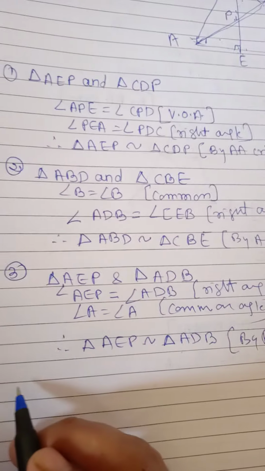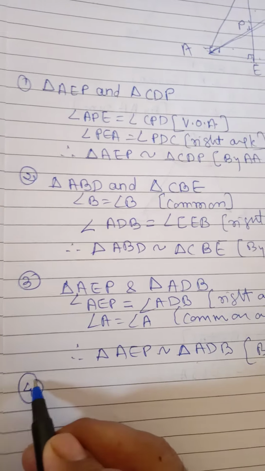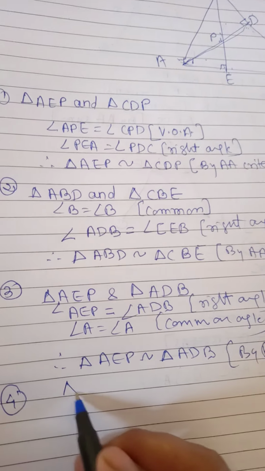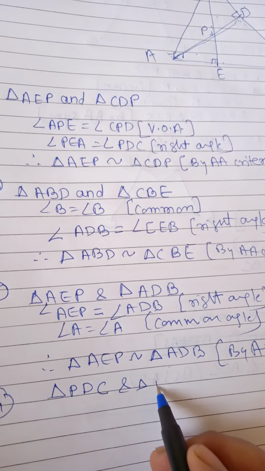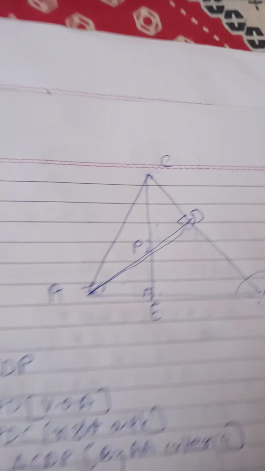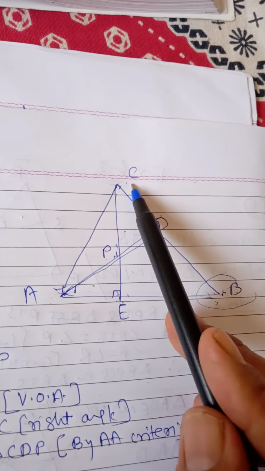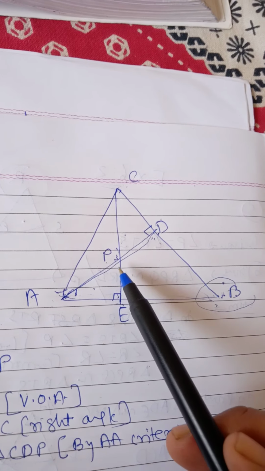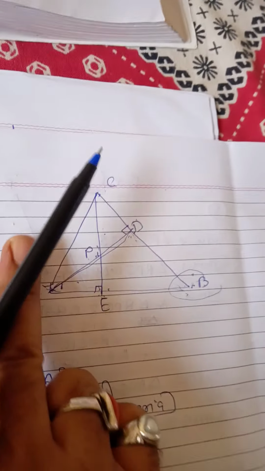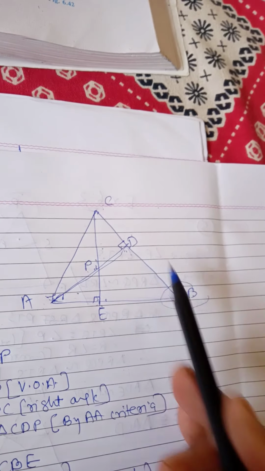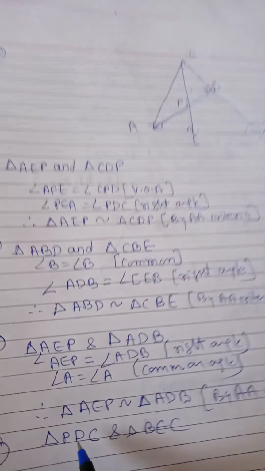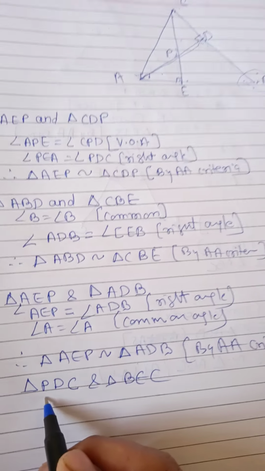And the last one is, the fourth one is triangle PDC and triangle BEC. You can see here PDC and BEC. Now we are going to hide this whole. We have PDC and BEC one side. So again, first of all, I will write the right angle triangle.